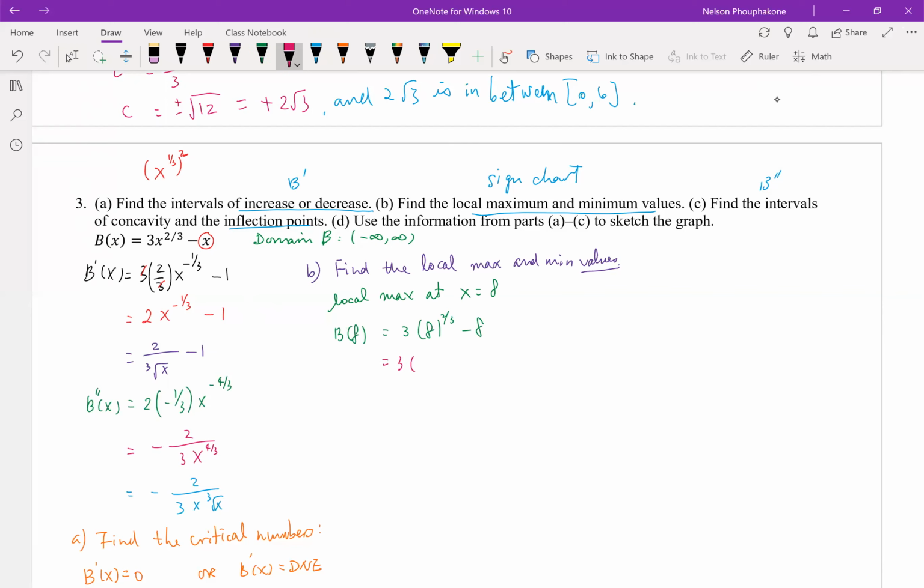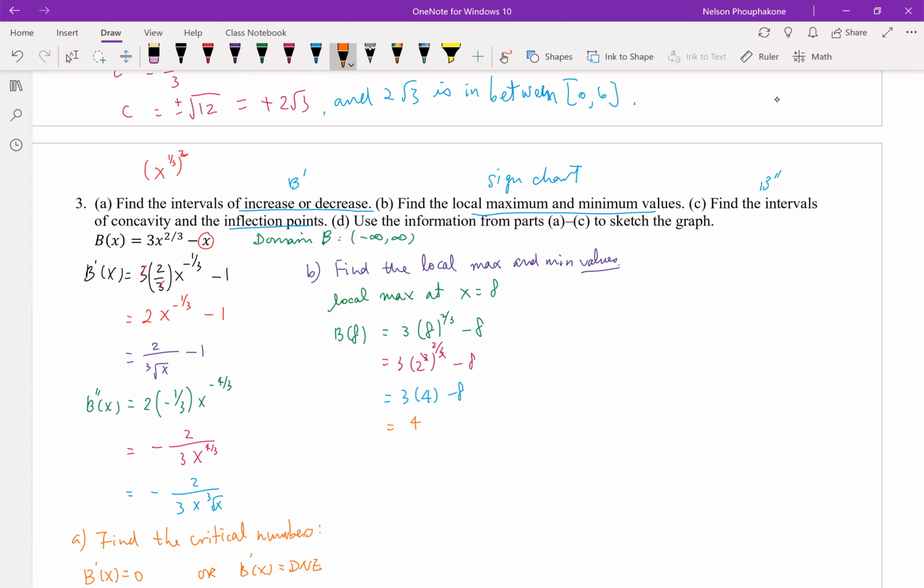Then it is 3 times 2 to 2/3, 2 raised to the power 3. So I will have 3 times 4, and basically I have 4.